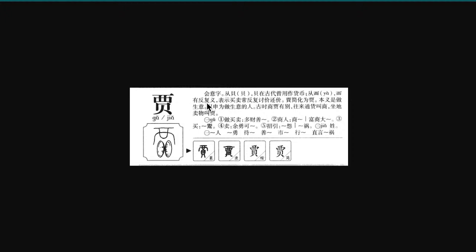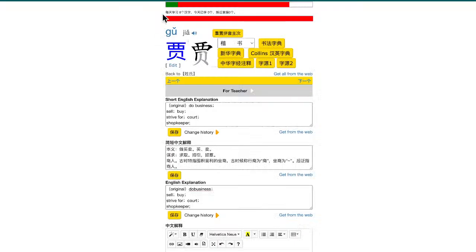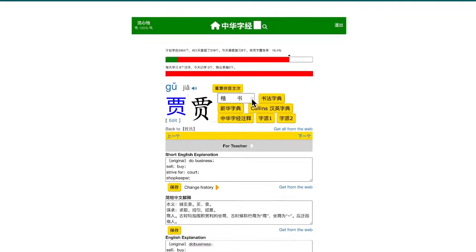For doing business, you are basically doing the same kind of activity over and over again, and that's how you make money, with that type of repetitive activity. So this is jia or gu.